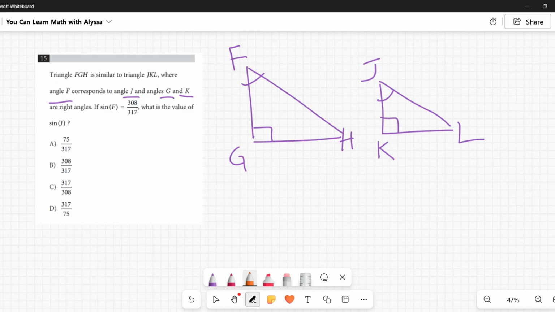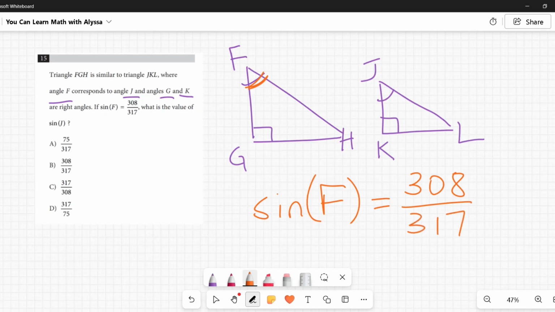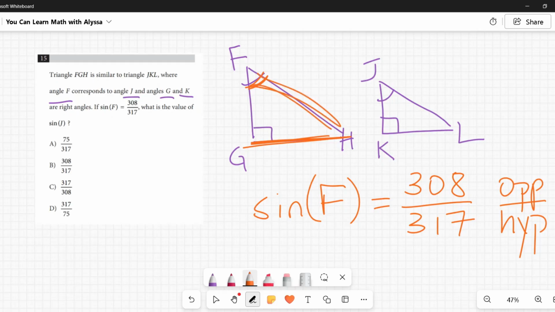The sine of angle F is equal to 308 divided by 317. Because this is representing opposite over hypotenuse, does that mean 100% that the length of this side is 308 centimeters, inches, whatever, and that the length of the hypotenuse is 317?